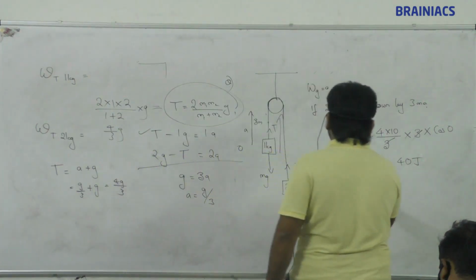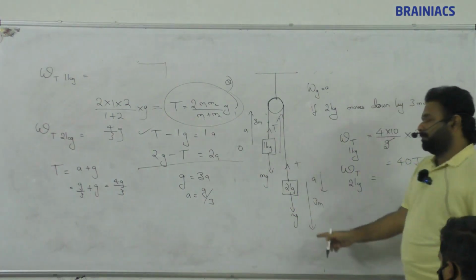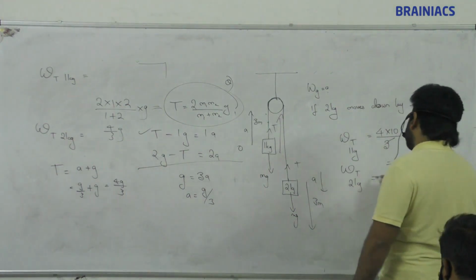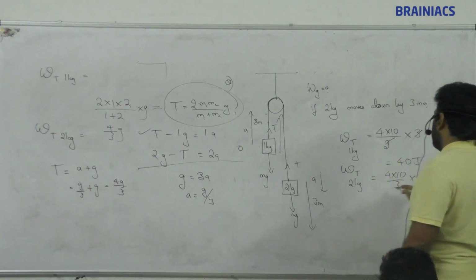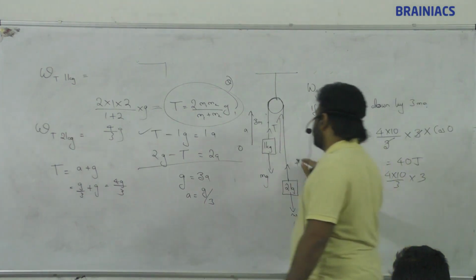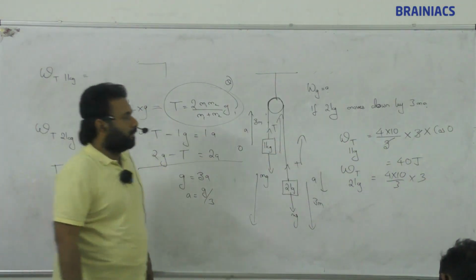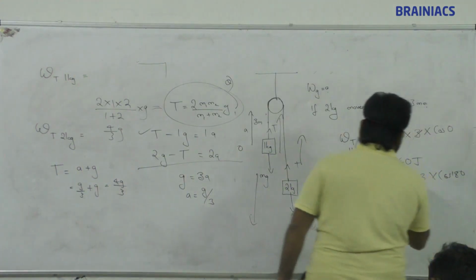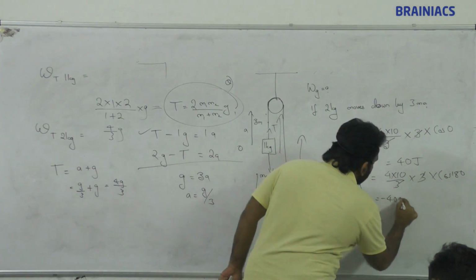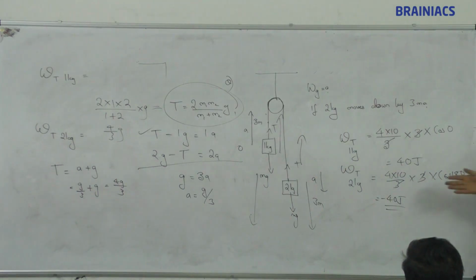Same way, work done by tension on 2 kg: tension 4 into 10 by 3, into 3. Tension is in the upward direction, displacement in the downward direction, so cos 180. I will be getting minus 40 joule. Clear? A simple problem.